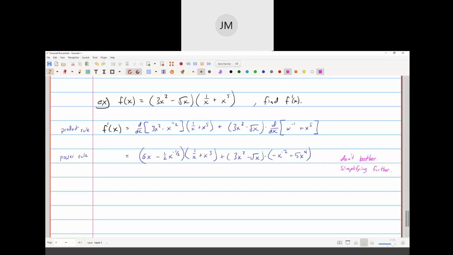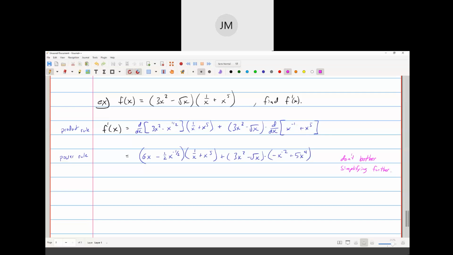So don't bother simplifying this any further, okay? Now, there's not really a good answer to the question, well, how do I know when I should simplify and when I should not? But if it's simple and easy, then simplify. And if it looks like it's complicated and time-consuming, then don't. Unless you have other good reasons.